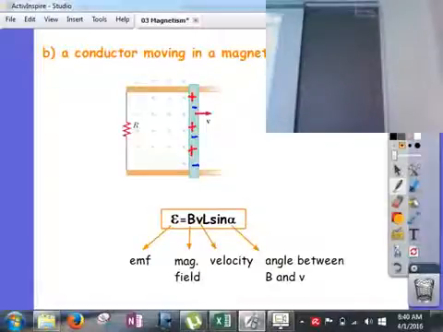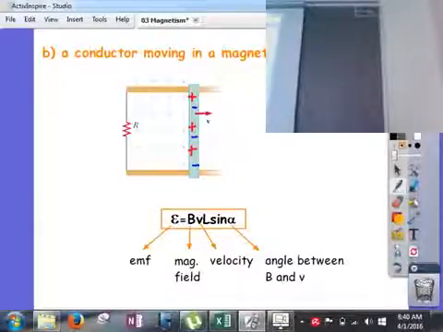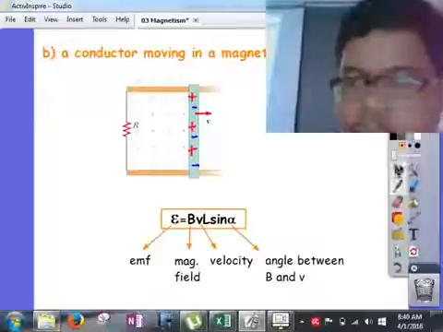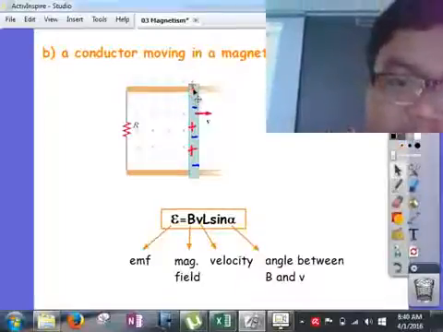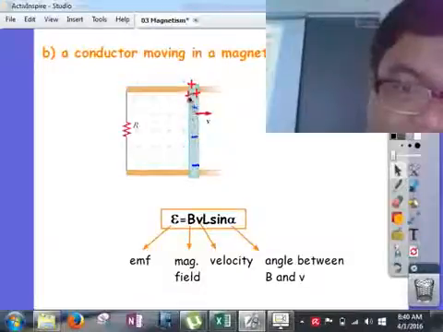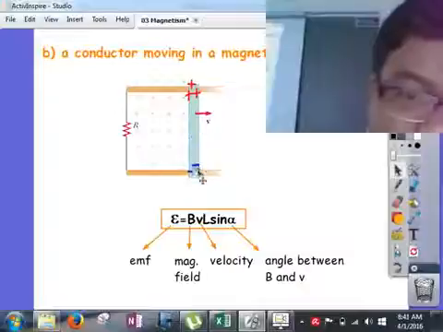Applying right hand rules, V, B, F. So positive charge will be pulled upward, while negative charge goes downward. So positive charge will move upward like this, and negative charge moves downward.